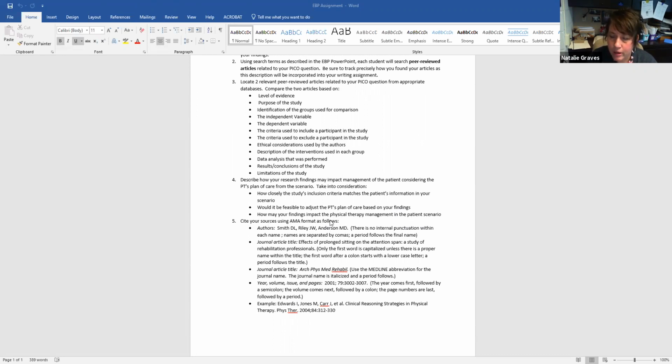But if in your scenario it says that you're working in a rural type setting that doesn't have, say, some of the more advanced equipment or technology, then those things are not going to be available to you. So therefore, you could not realistically perform that intervention within the setting that you're working in.